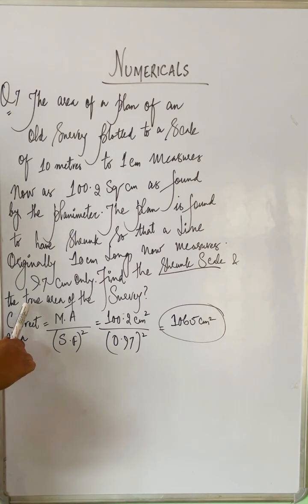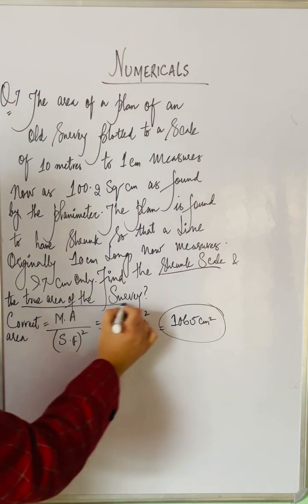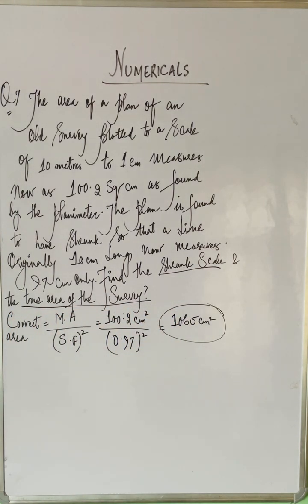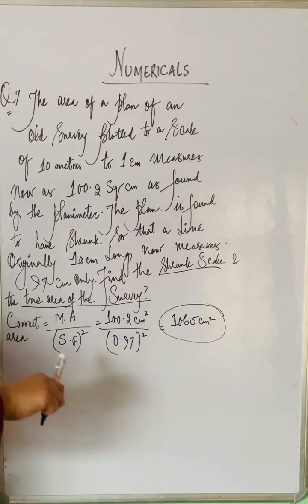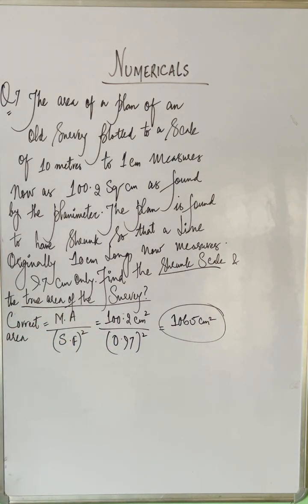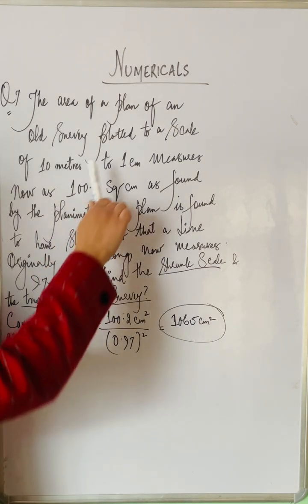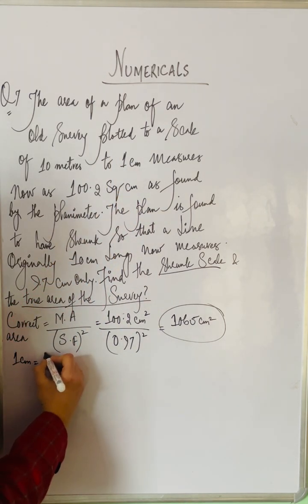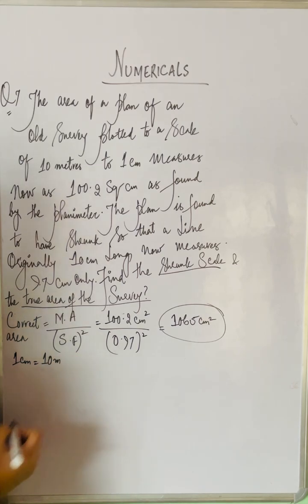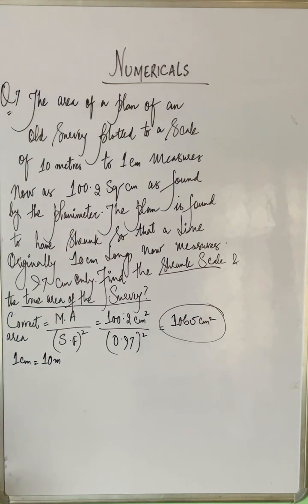But this is not our question. The question asks us to determine the true area of the survey. That means, what is the corresponding area on the ground, right? True area of this survey. And as we know the scale, what is scale? Original scale. It is, as given, 1 centimeter is equal to 10 meters. This is our original scale.